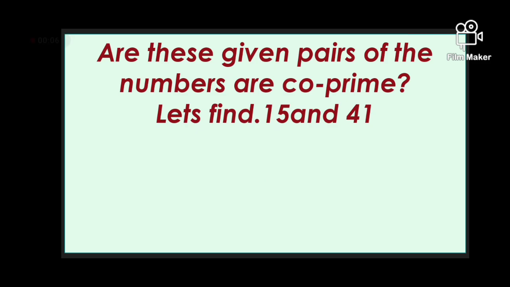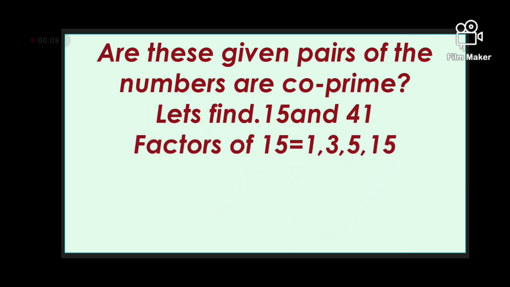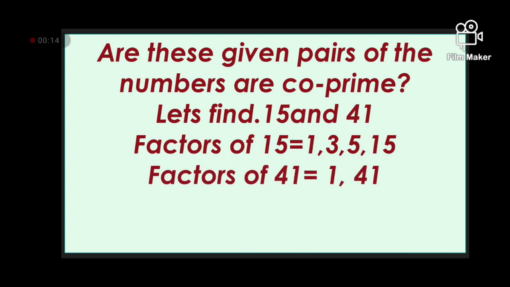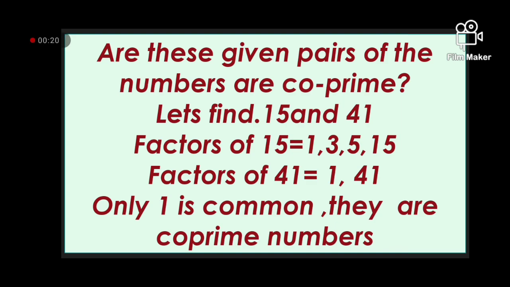Let's find 15 and 41. Factors of 15 are 1, 3, 5 and 15, and factors of 41 are 1 and 41. Only 1 is the common factor of 15 and 41. It means they are co-prime numbers.